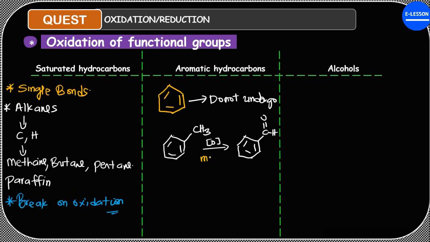Now, how about if it is a very concentrated oxidizing agent? What do you think will be the product? The product will directly form a carboxylic acid. So you form something like this, OH. Are you getting it now? Which is called benzoic acid.